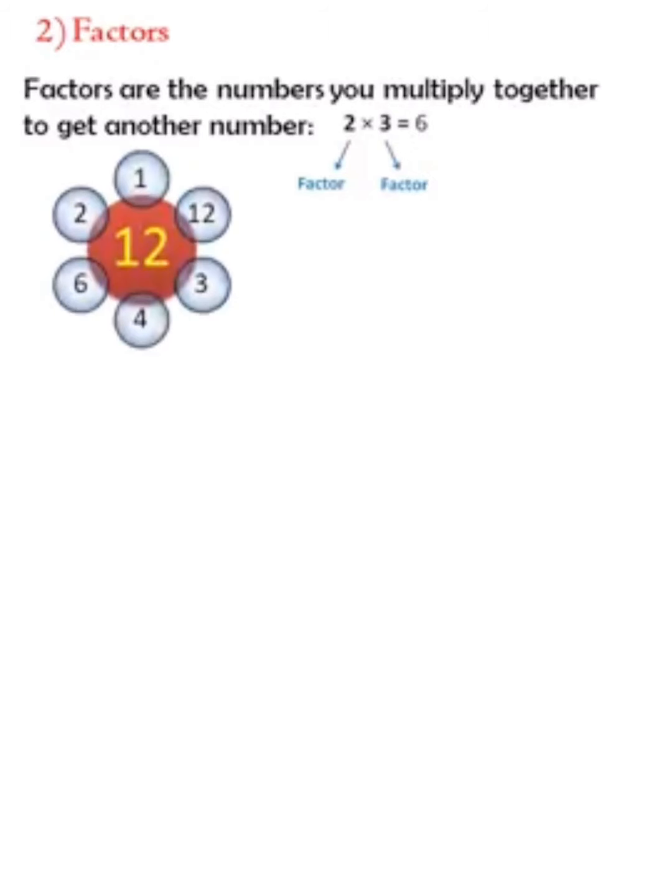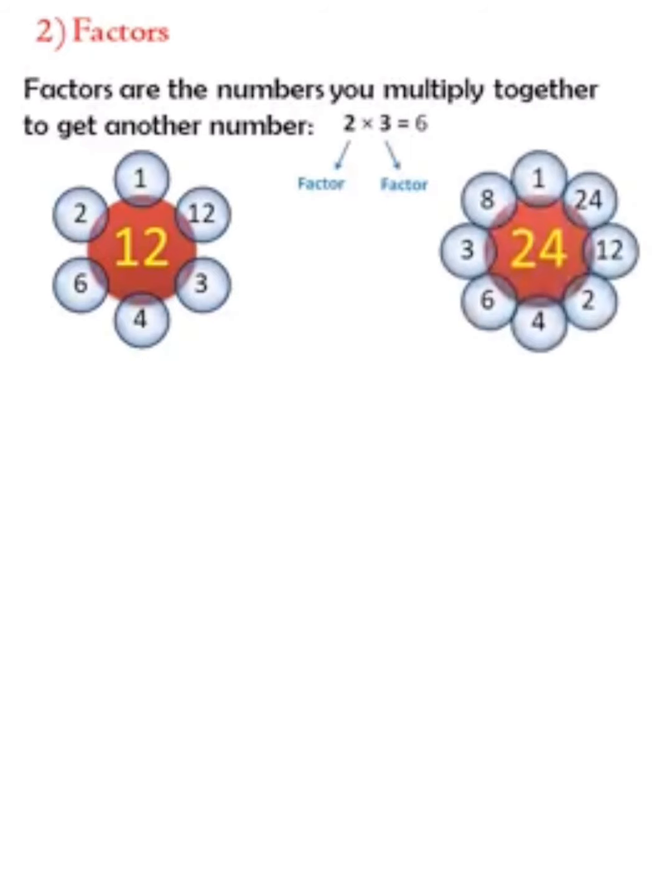Factors of 12. What by what gives me 12? 1 by 12 gives me 12. 2 by 6 gives me 12. 3 by 4 gives me 12. So the factors of 12: 1, 12, 2, 6, 3, and 4. What are the factors of 24?